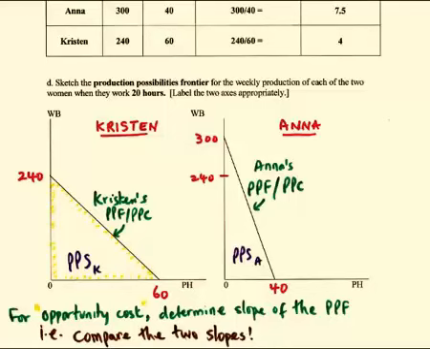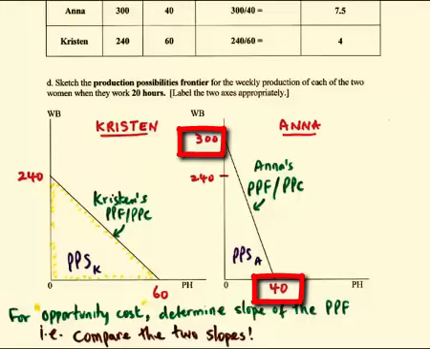So in this particular analysis, we said that Anna could produce 300 wristbands or 40 potholders. I show 300 wristbands on the vertical axis. When she specializes in producing potholders, the maximum quantity is 40.